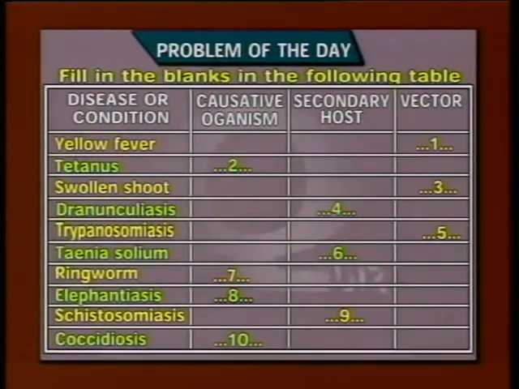We have a table with 4 columns. In column 1, we have disease or condition. Column 2, causative organism. Column 3, secondary host. And column 4, vector.